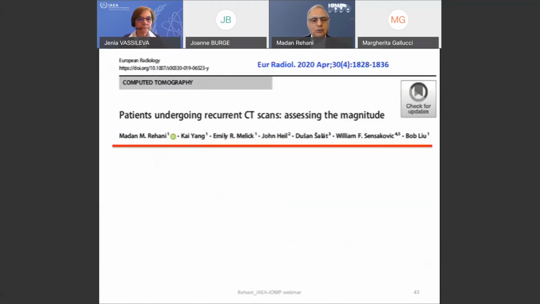Now we come to the actual papers which have quantified the number of patients, because the poll showed very few people knew these, so it may be educative. Papers on cumulative dose from recurrent exams have been there since at least 2009, with Aaron Sodixon's paper, and after that there have been a large number of papers.